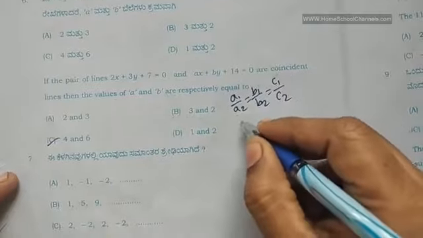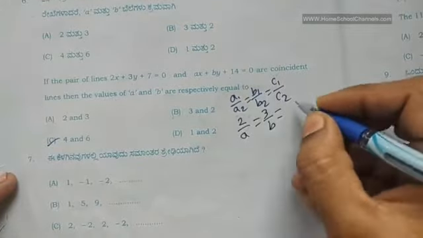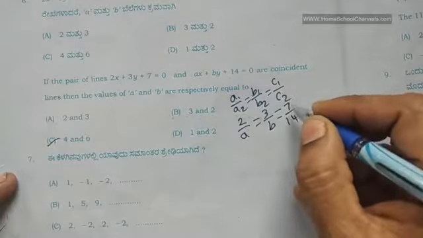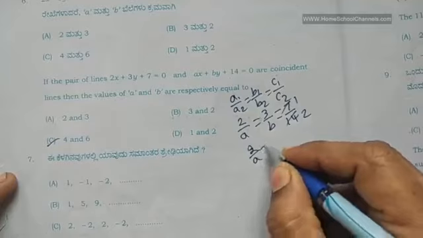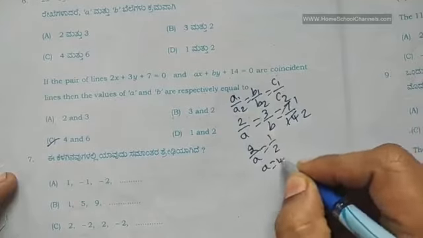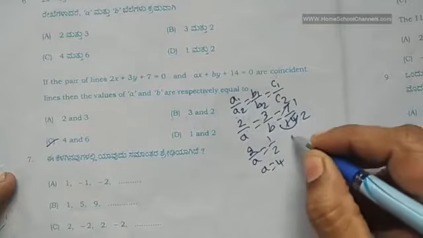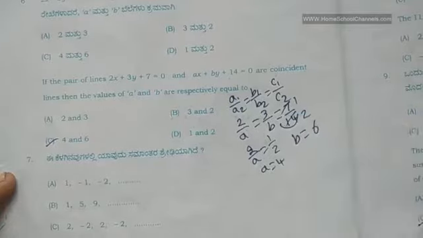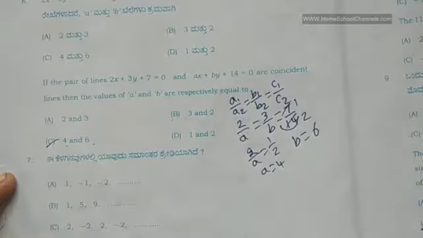Substitute the values. 2 by a is equal to 3 by b is equal to 7 by 14, that is 1 by 2. You can equate here. 2 by a is equal to 1 by 2, a is equal to 4. And similarly, if you equate these two, you are going to get b is equal to 6. So your option is option C, 4 and 6 is your right answer.